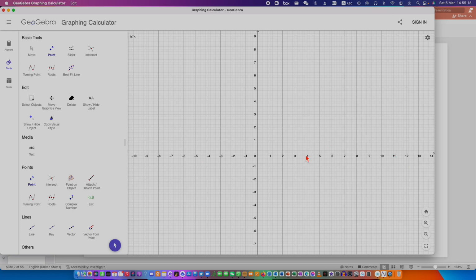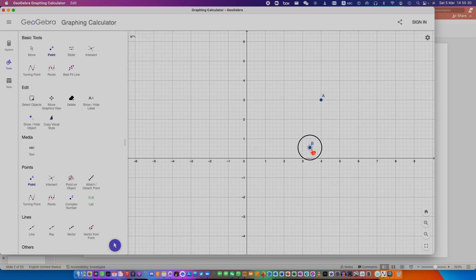Okay, good. So 4, 3. Here is 4, right? So this is your x-axis, which is the horizontal axis. 4 and then 3. 3 is your y value, so it's here. Can you see or not?